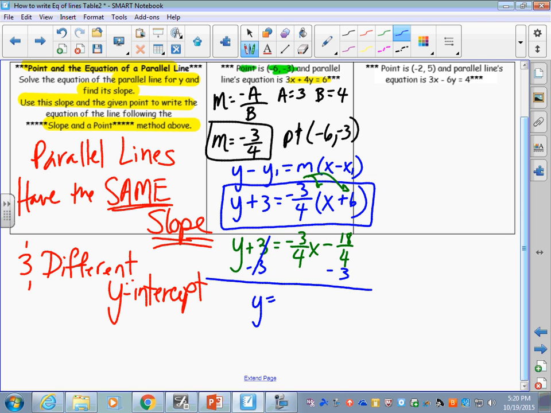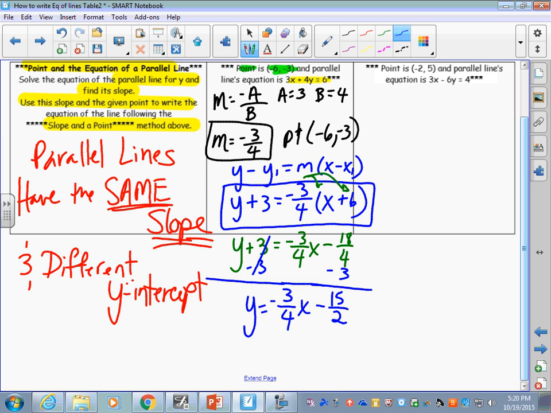y equals -3/4 x. And then we subtract, well, 18 over 4 minus 3 is -15 over 2.